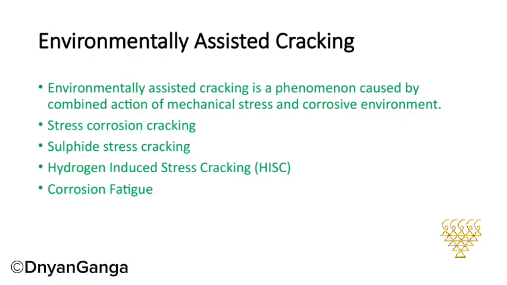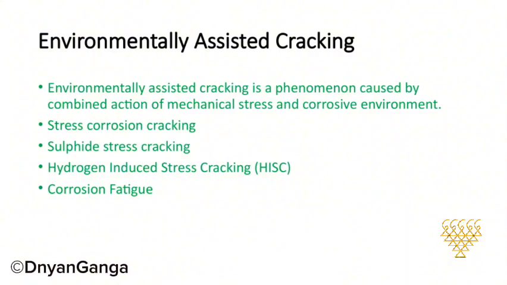Hydrogen-induced stress cracking, or HISC, is another critical form, where hydrogen atoms infiltrate the metal, weakening its structure and leading to cracks. Corrosion fatigue is also part of this group. It's where cyclic loading combined with corrosion causes metal fatigue and crack initiation much faster than normal.